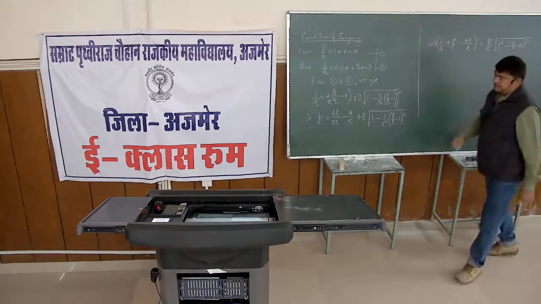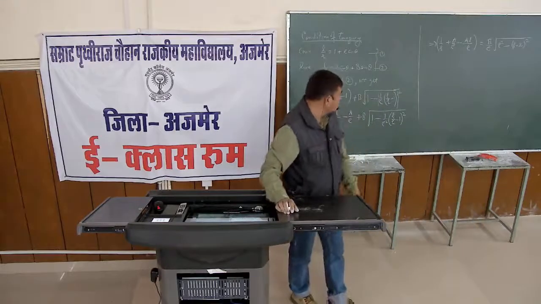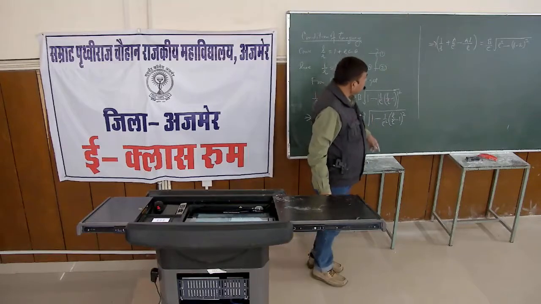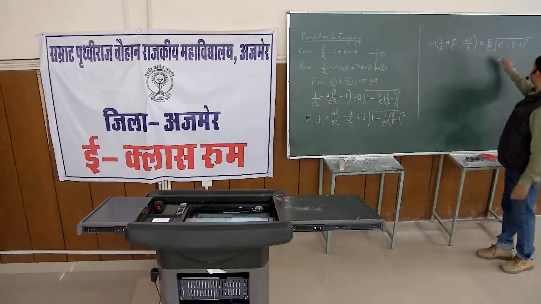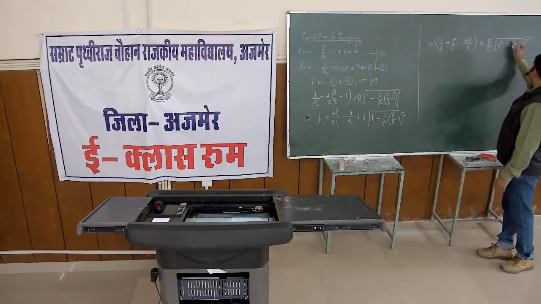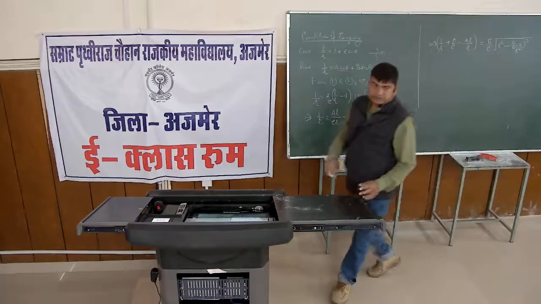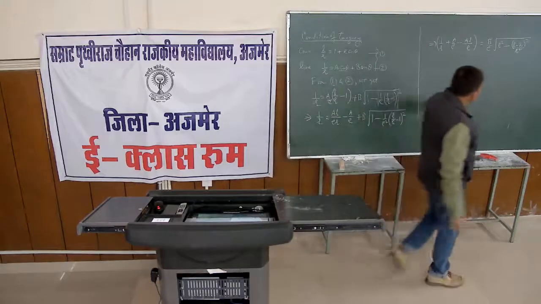Look at this. e square LCM. So it will be e square, and here it is r square. L minus r. नहीं?